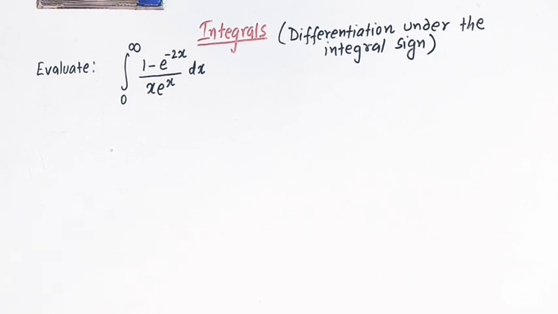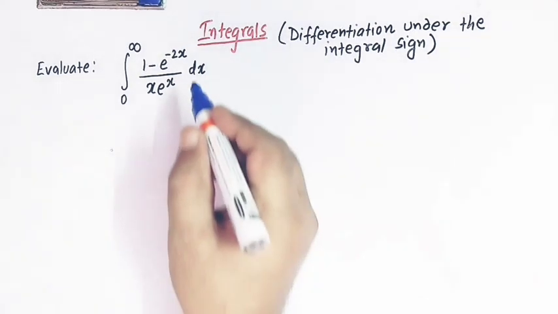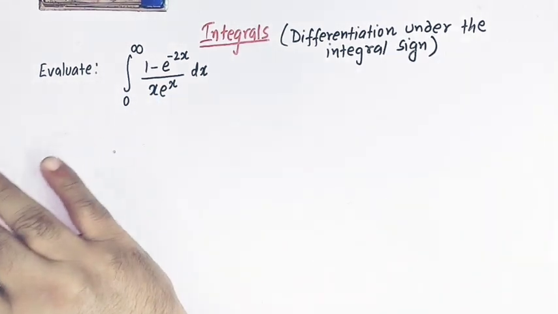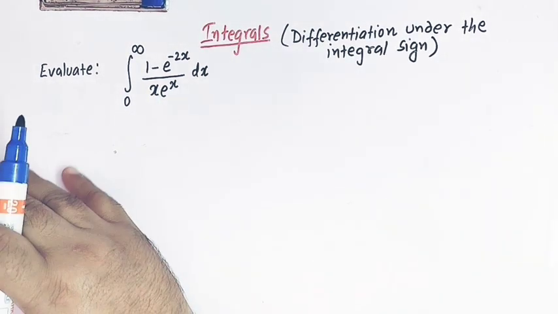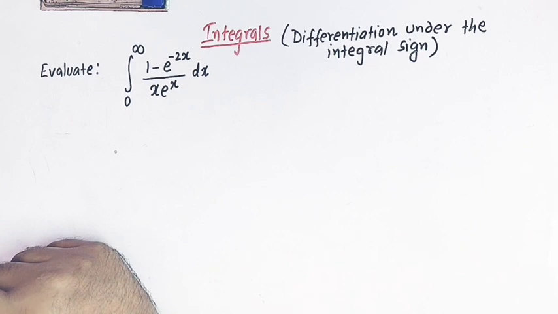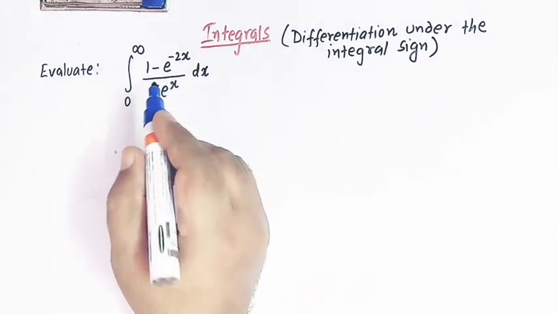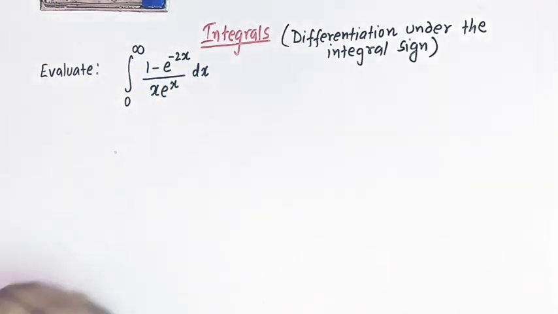So let us start. Here we have to find the value of this integral. When we apply the concept of differentiation under the integral sign, we introduce a parameter in the given integral.